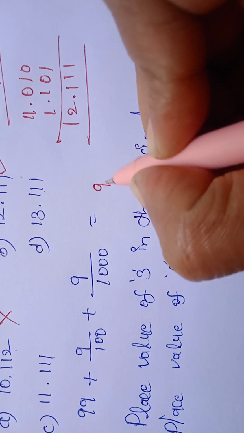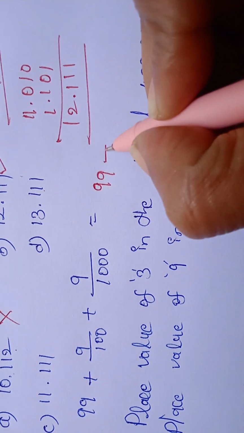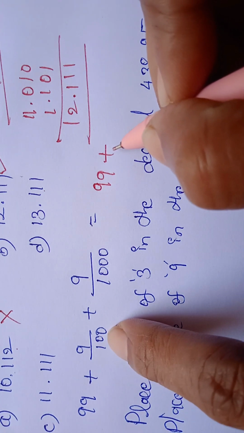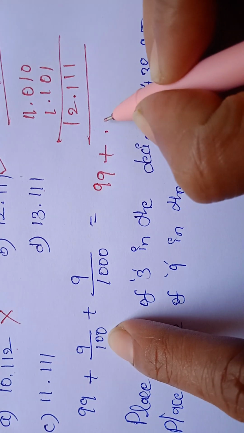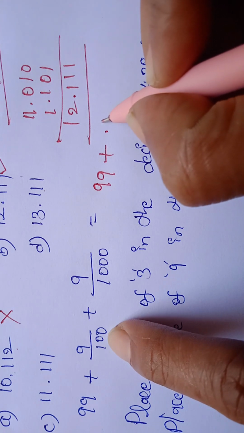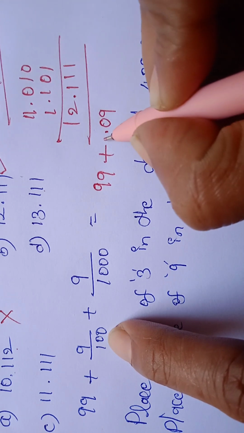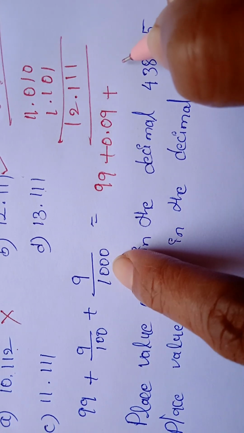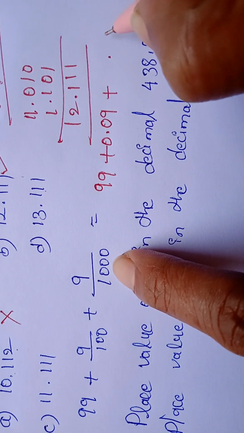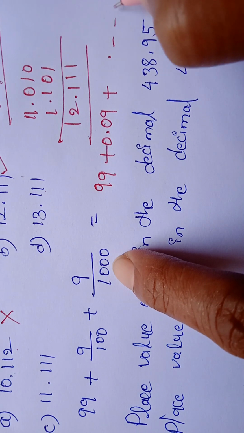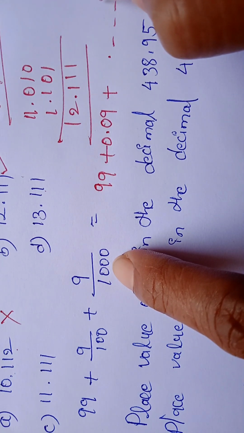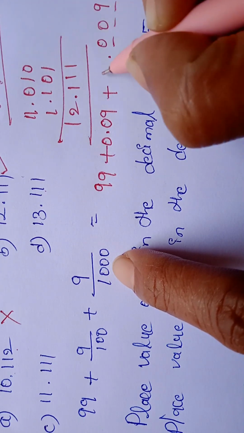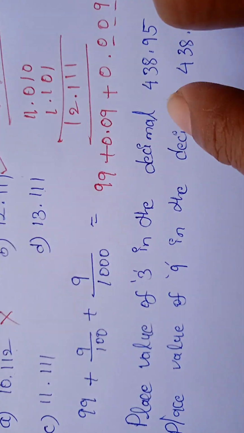99 plus, here there are two zeros, so after the point two numbers will come, 0.09, plus three zeros are there, so after the point three numbers will come, so above is 9, so here is 0.009.